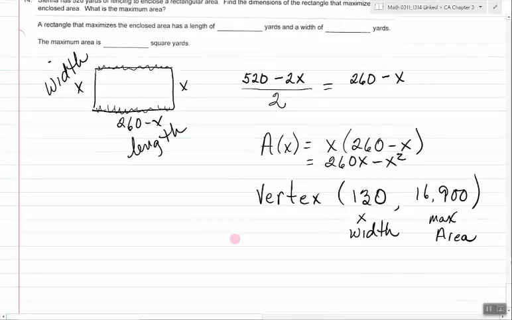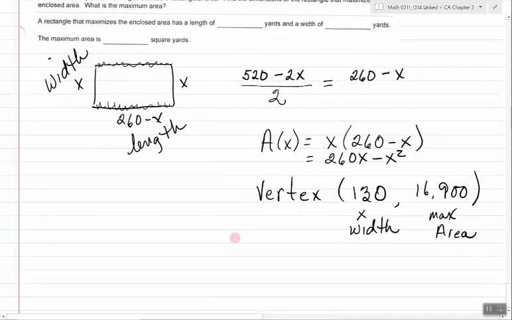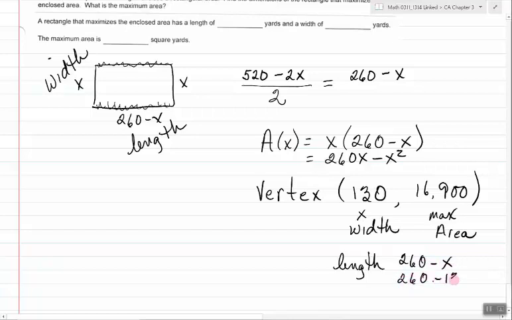How do I find the length? The length is 260 minus x. It is 260 minus 130, which is 130. It turns out that when you're making a rectangle, all four sides, and you want it to have the maximum area, it's always going to be a square.